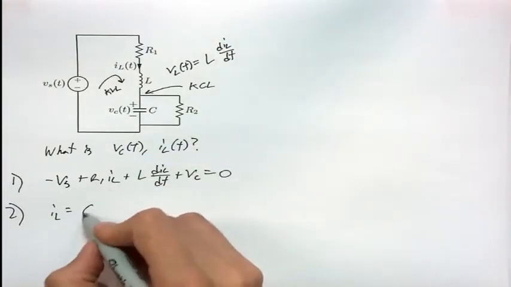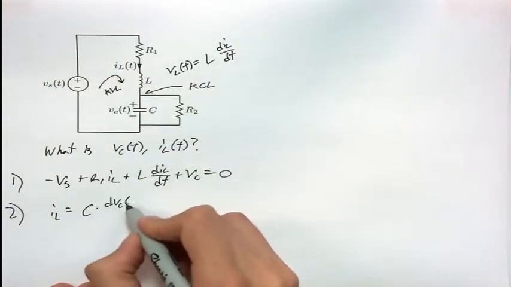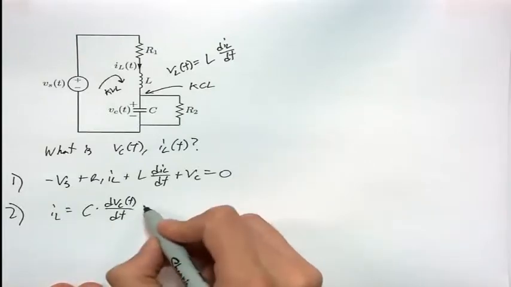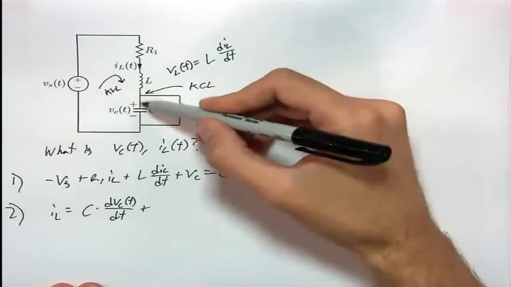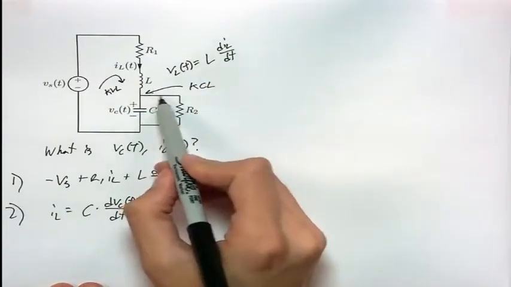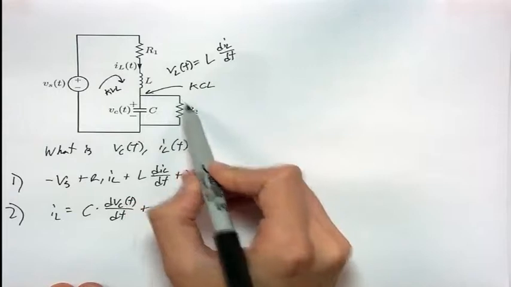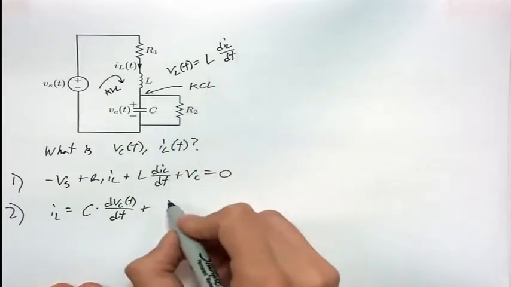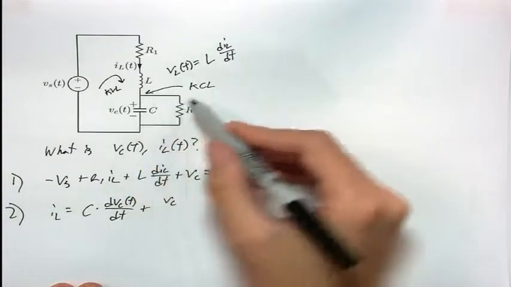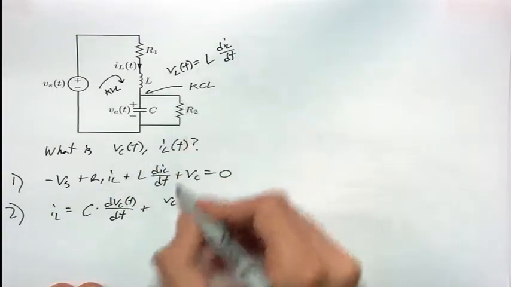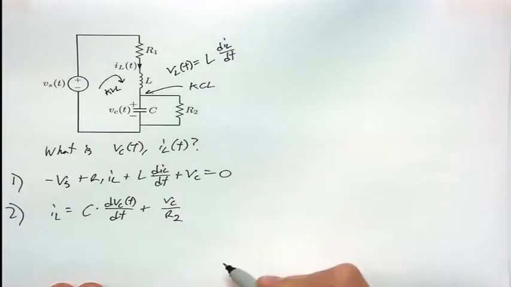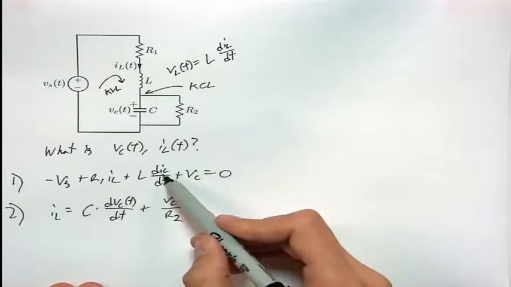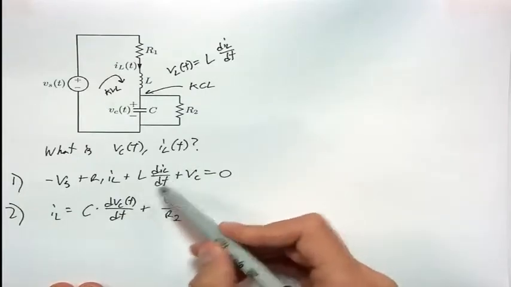That's just the capacitance times the derivative of the voltage across it, plus another current entering R2, which is Vc, the voltage across the resistor, divided by R2. So we have two equations and two unknowns, and both of these are differential equations, coupled together.